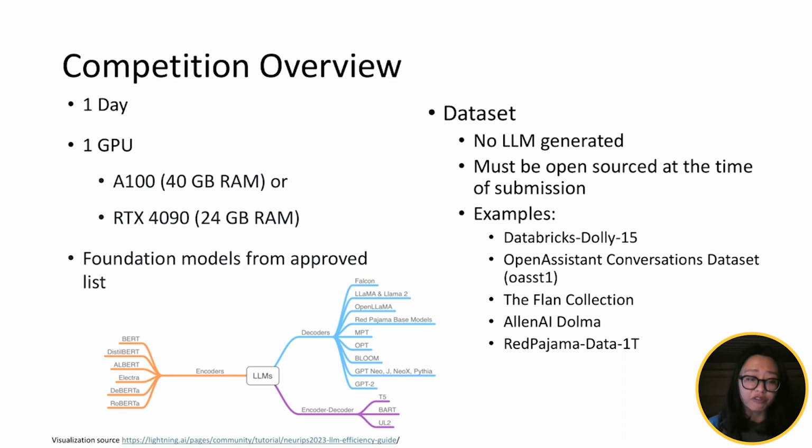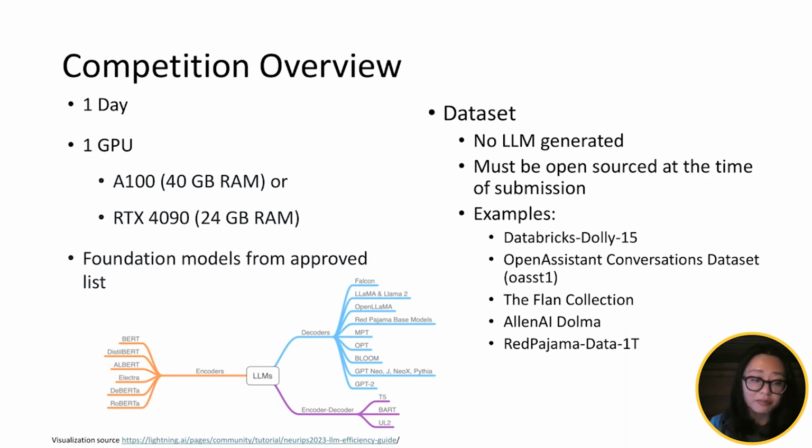We also have a set of pre-selected models to choose from. The reason we go with a list of pre-approved models is because we want the community to have a good starting point, and to be able to reproduce every step of the winning entry.